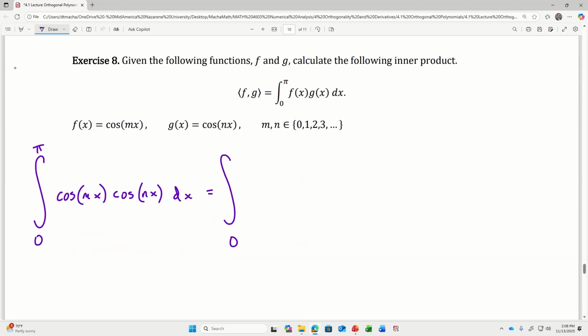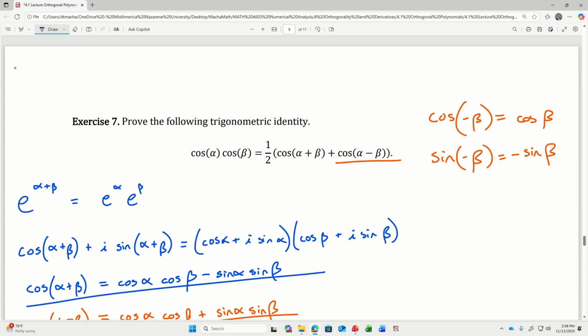Using that identity, this becomes 1/2 cosine of mx plus nx plus cosine of mx minus nx. Double check I put it in right. Yeah.